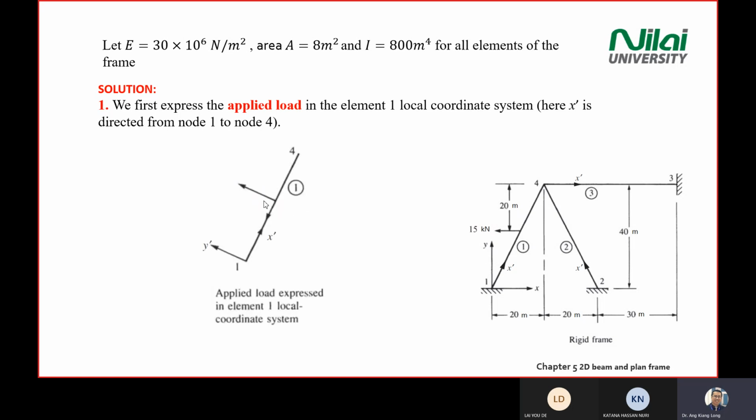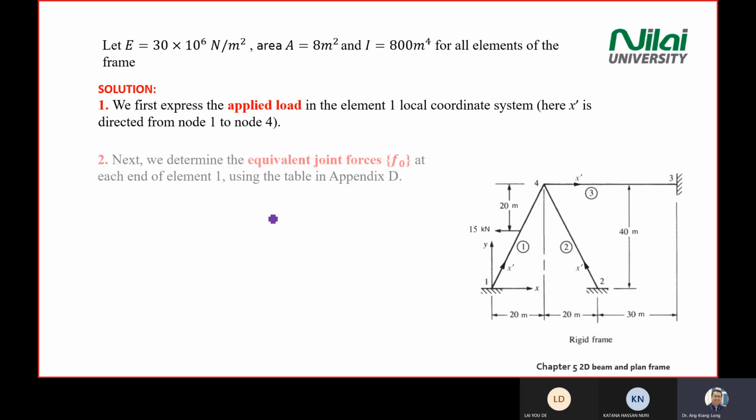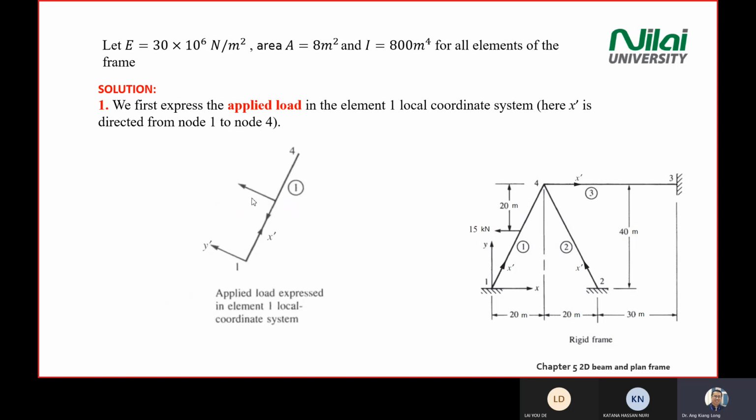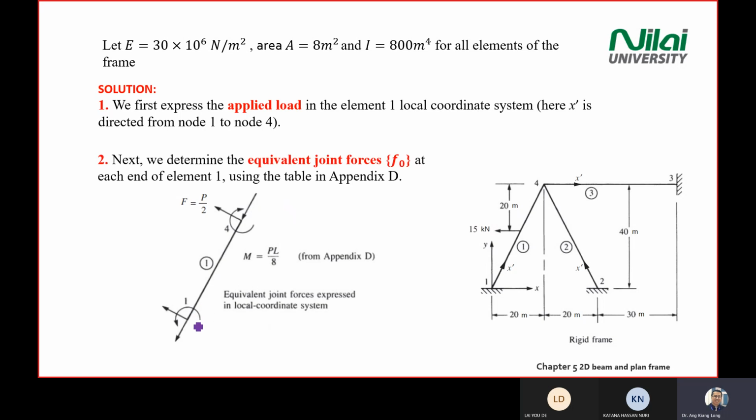Then after that, we refer to Appendix D. We change this diagram into the equivalent diagram that you see from Appendix D. You change this focus load here into 2 forces at the ends with the moment. So the magnitude of all the formulas here you refer to Appendix D. It depends on the cases you have.